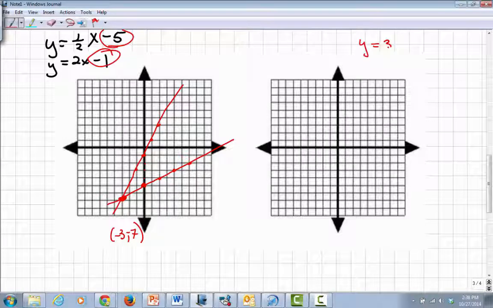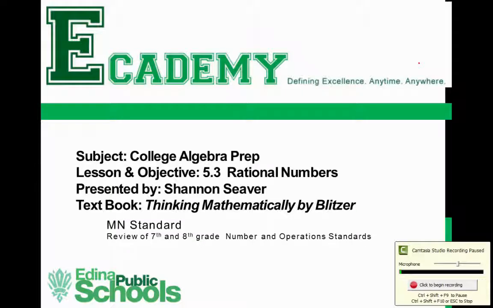Y equals 3x plus 2, and y equals 2x minus 4. And see if you guys get the same intersection point I do. Oops. Okay, I don't know why it did that.